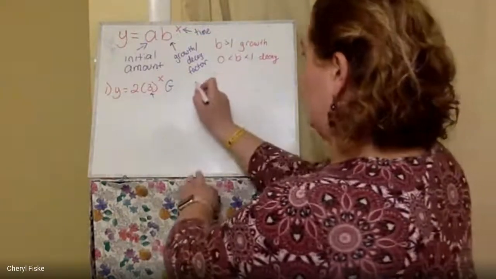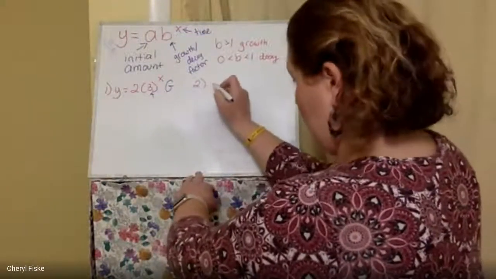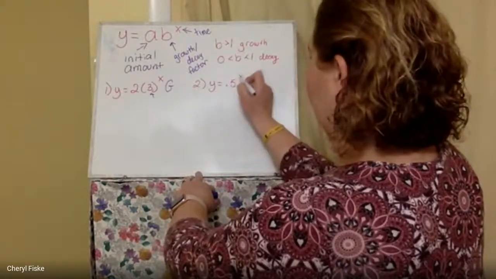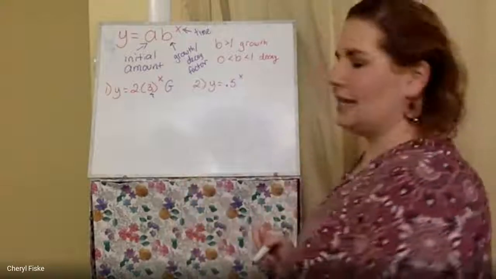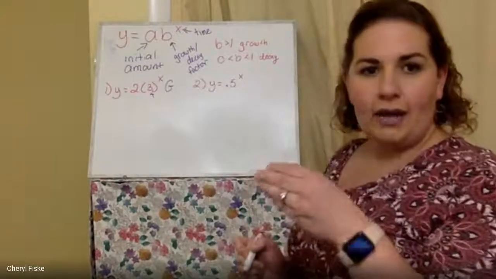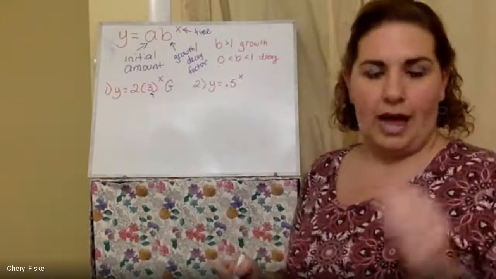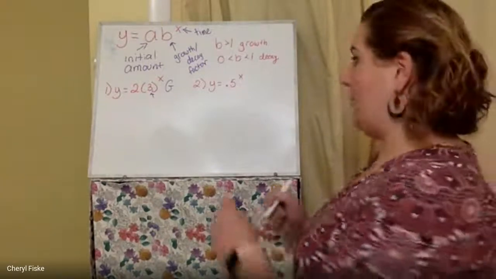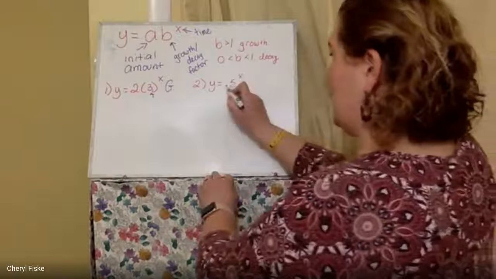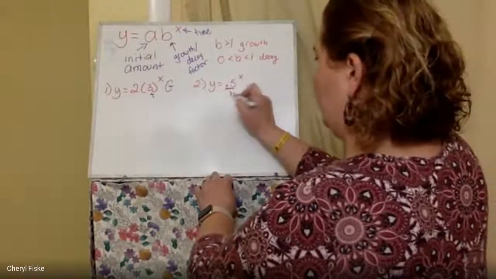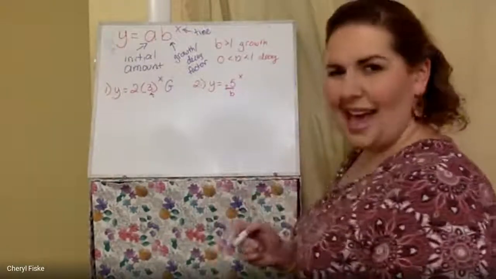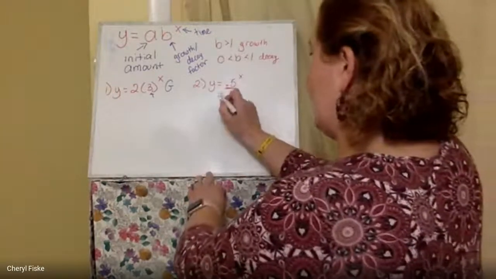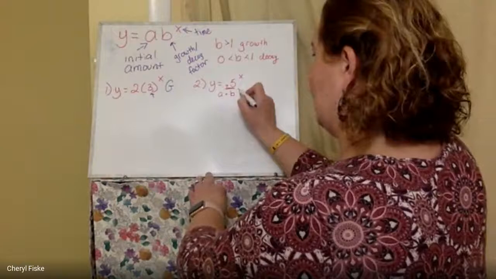What about if I had y equals 0.5 to the x? That's interesting. So whatever has your variable as the exponent is your B, the growth or decay factor. So this is B. So where's A? A is A times B to the x.